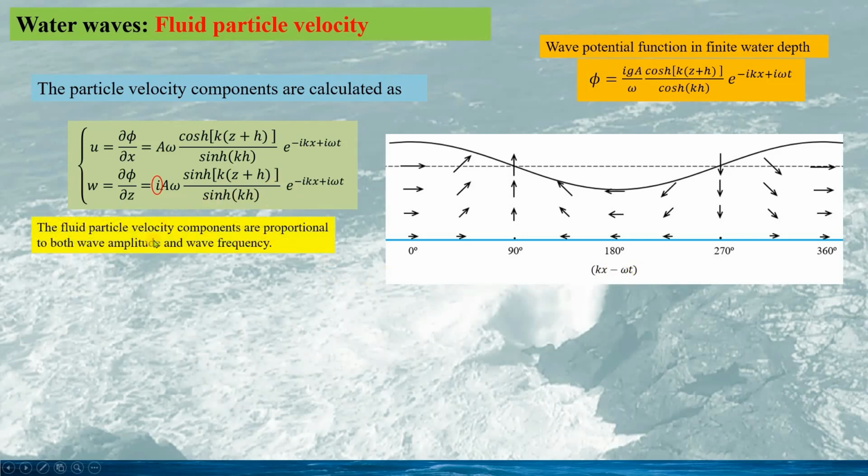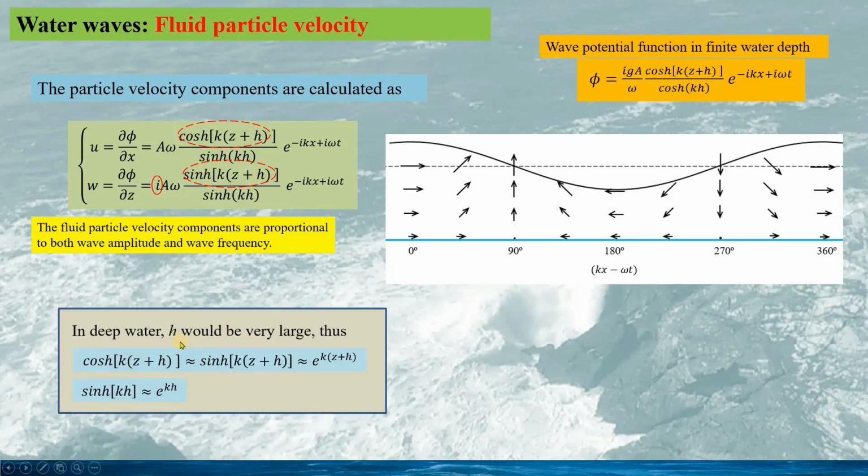So we can see the water particle velocity components are proportional to both the wave amplitude and the wave frequency. And we can also see u and w have different amplitudes in the expression, the different numerator, cosh function and sinh function here.